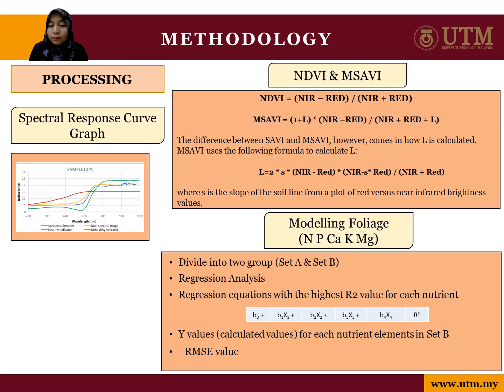Next is modeling foliage. By using the foliage data, it will be divided into two sets, where set A is treated as a reference from which the estimated value of nutrient for set B will be calculated.